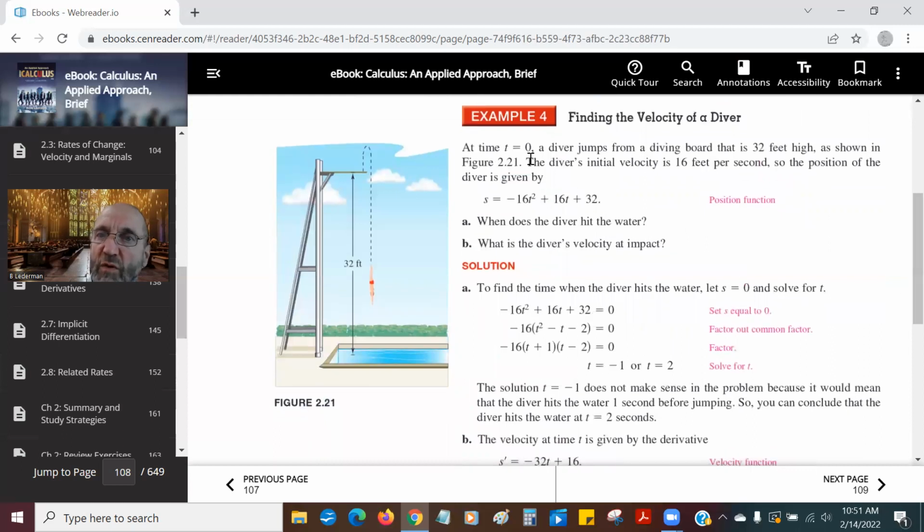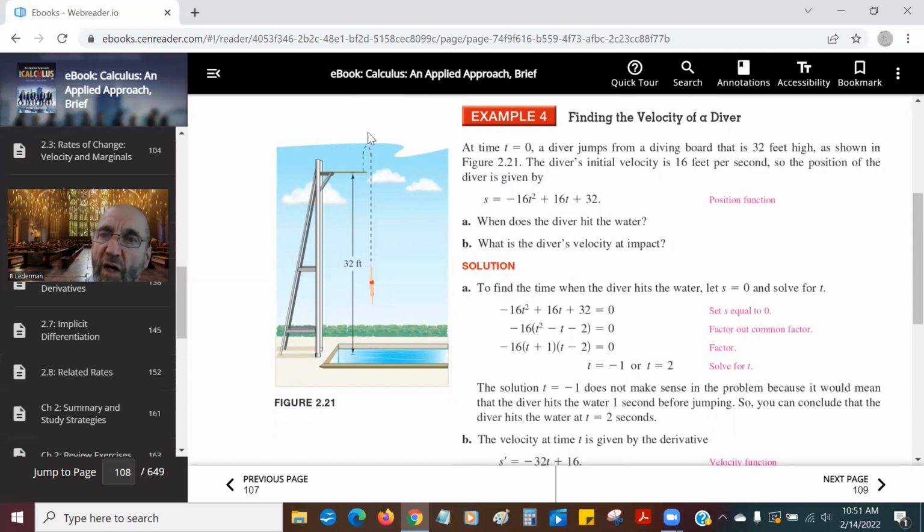When t equals 0, a diver jumps from a diving board that is 32 feet high, as shown in this figure right here. That's the diver, in case you couldn't figure it out. The diver's initial velocity is 16 feet per second. Notice he wasn't just dropped.